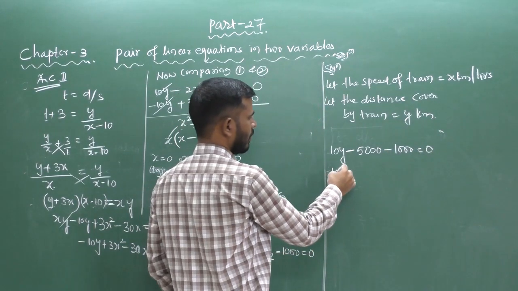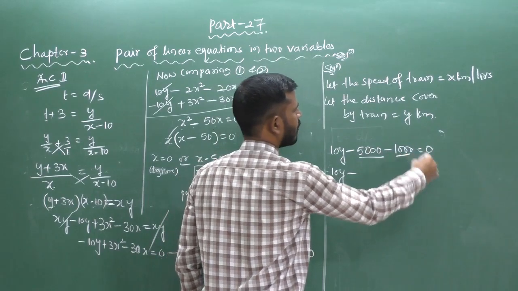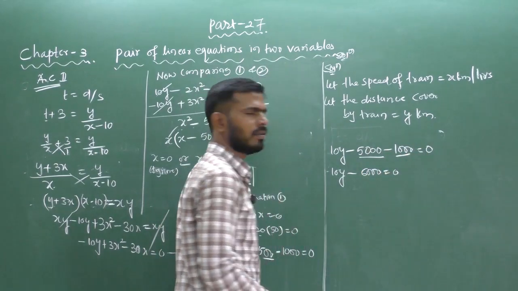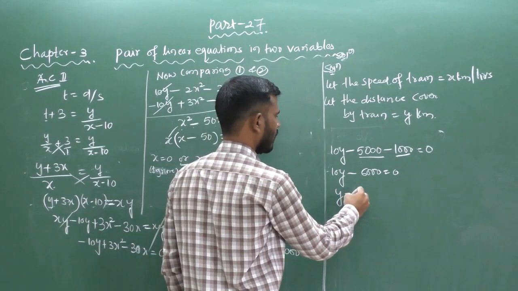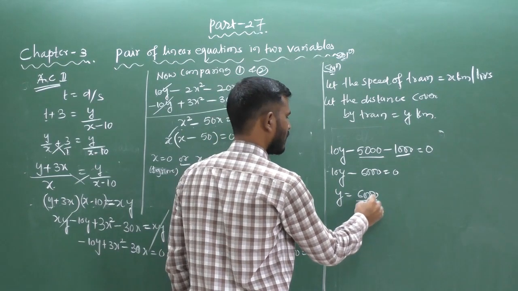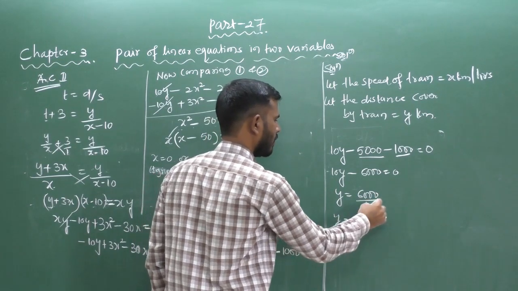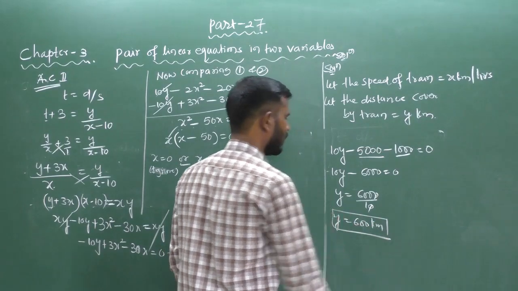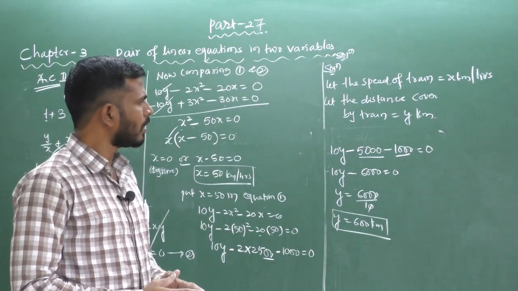So 10y minus 6000 equal to 0. So y equal to 6000 divided by 10, the zeros cancel, y equal to 600 kilometers. So this is the distance covered by the train.